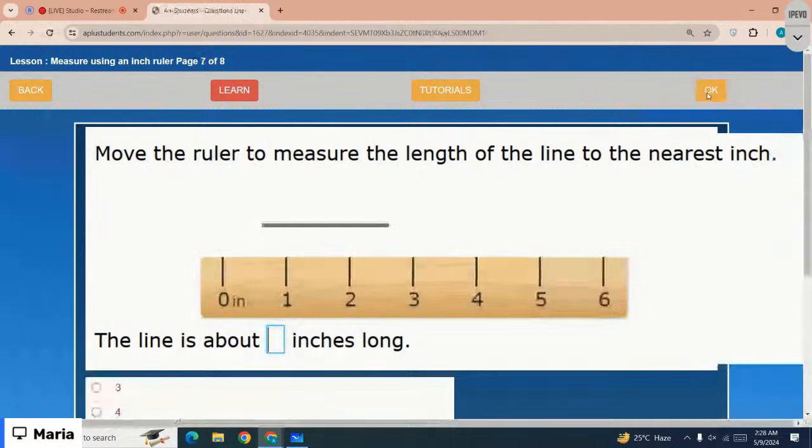Move the ruler to measure the length of the line to the nearest inch, which is the correct option? Two inches long it is, right?